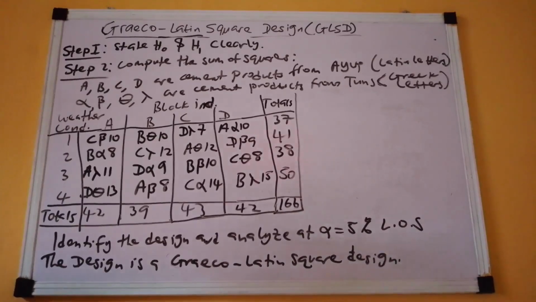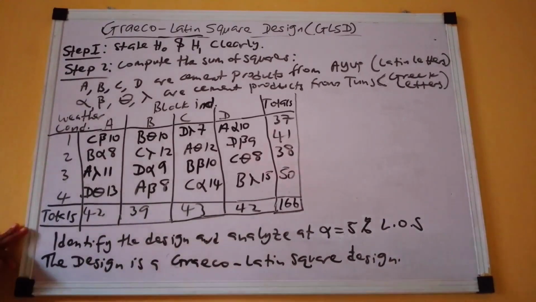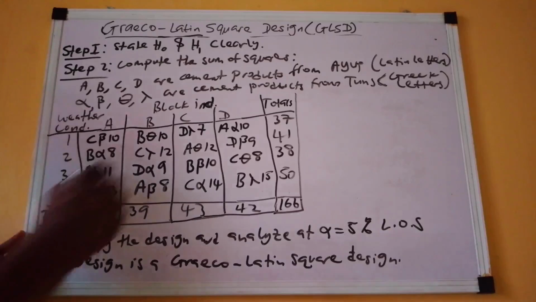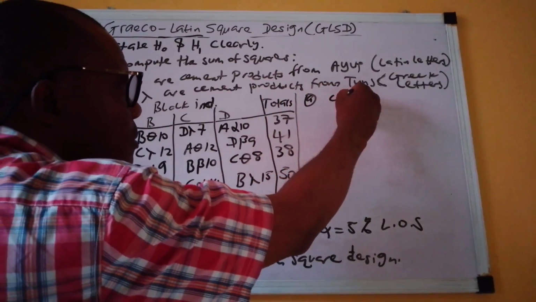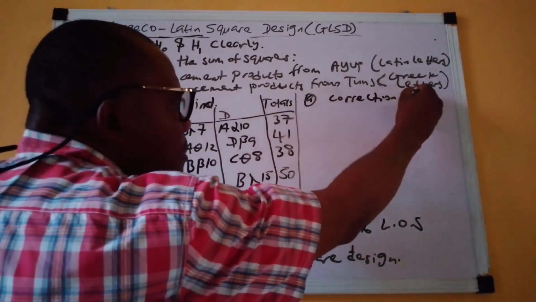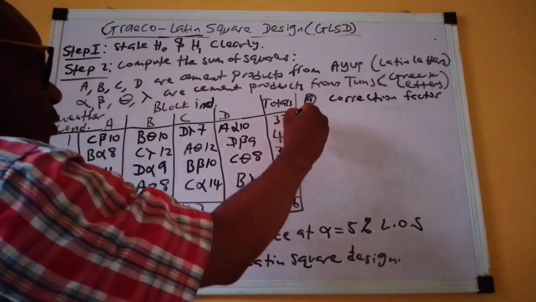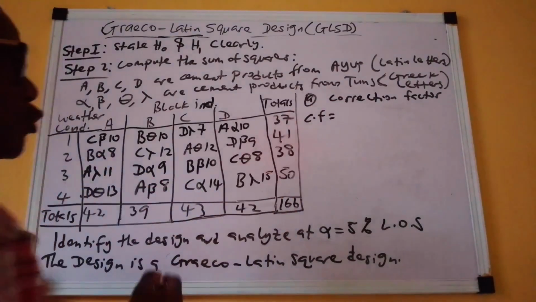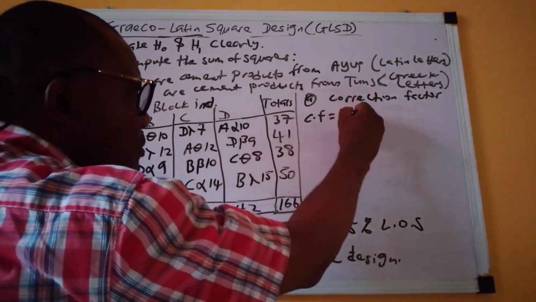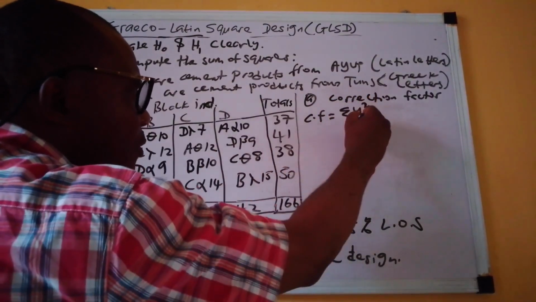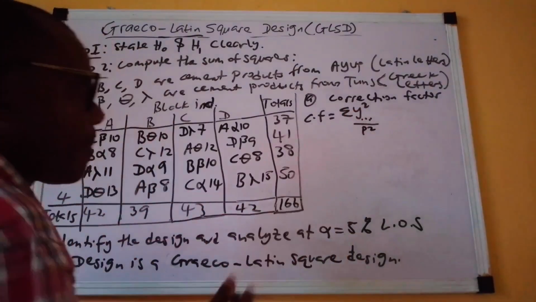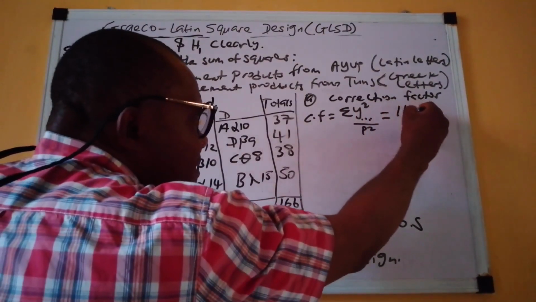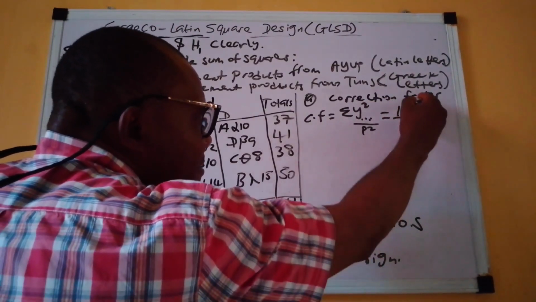So now we move to calculating the correction factor. So the first one here is A. We want to calculate the correction factor. CF is equal to the summation y squared dot, because they are 4, all over p squared, and this will be 166 squared all over 16.